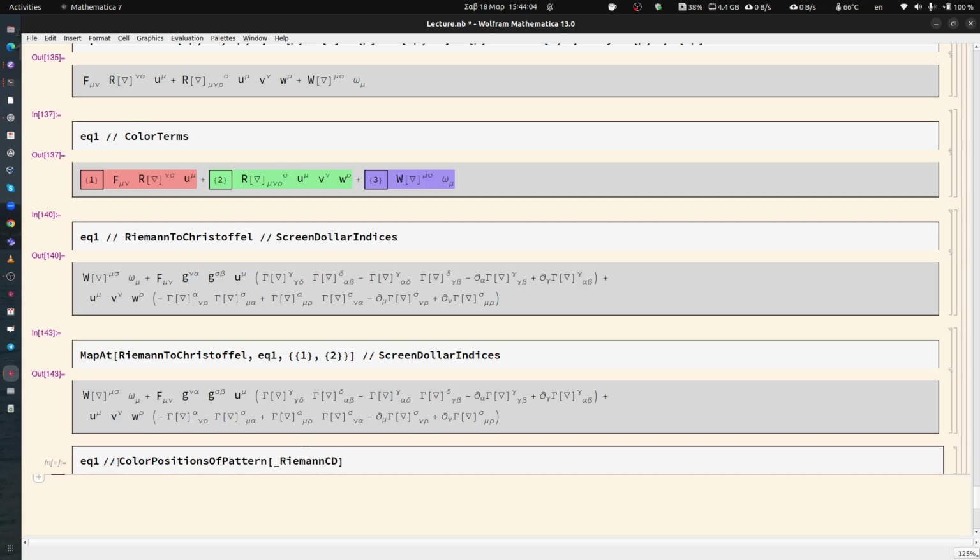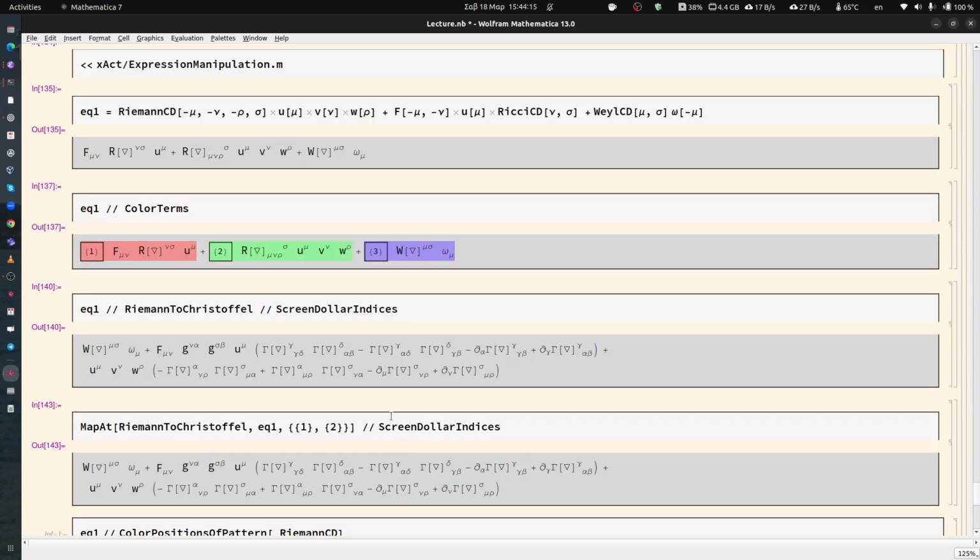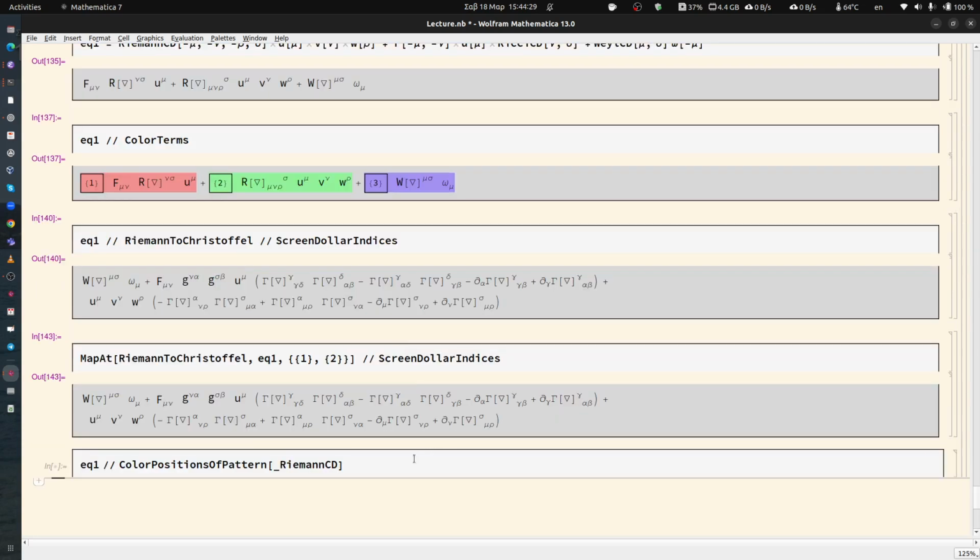So we use the function ColorPositionsOfPattern, and then the pattern is whatever has the head RiemannCD. And the head RiemannCD is found only in the term that involves the Riemann tensor here. Now the other terms have the Ricci tensor, there's no RiemannCD head here, and the Weyl tensor, also there is no RiemannCD there.